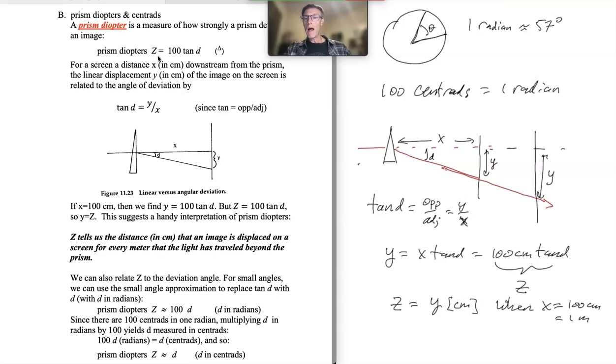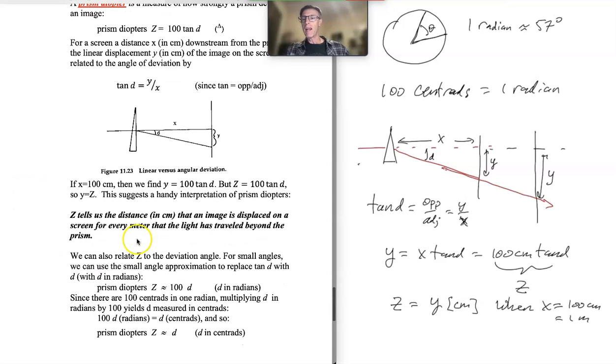And so that all leads us to this big statement down here in bold: what the prism power is telling us is the distance in centimeters that an image is displaced on the screen for every meter that the screen is away from the prism. So the numerical value of the prism power is the same as the numerical value of y measured in centimeters.